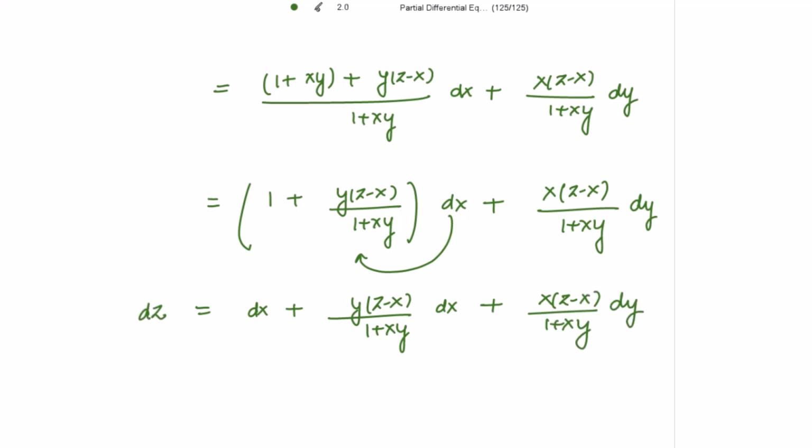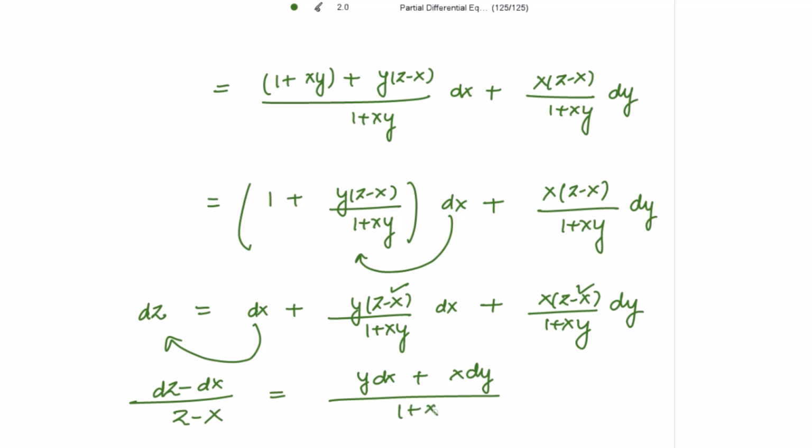Here we have dz. Here I'm having z minus x, here also I'm having z minus x. Let me take this dx to the other side. We have dz minus dx, and taking z minus x common, I take it to the denominator, and here we have y dx plus x dy divided by 1 plus xy. I hope this step is clear.